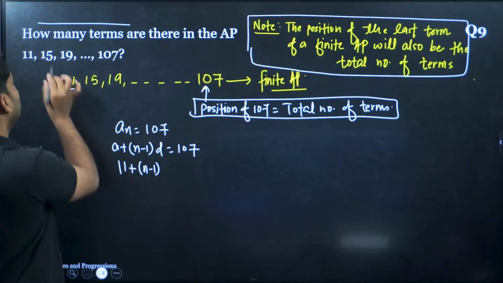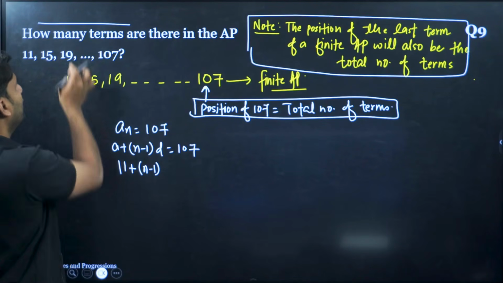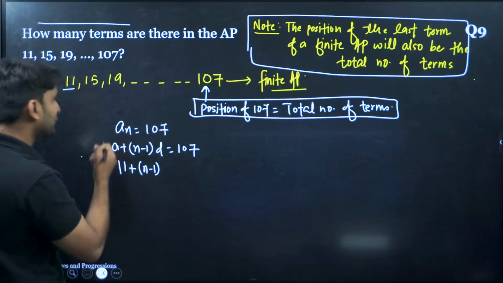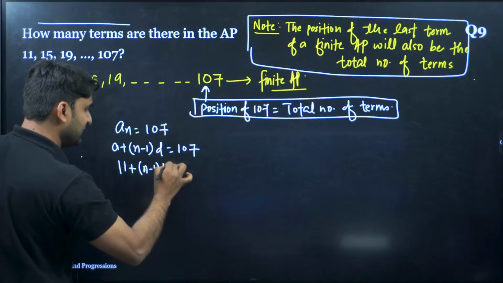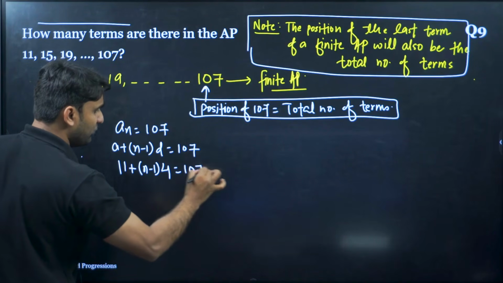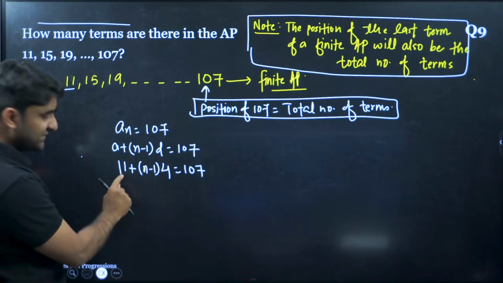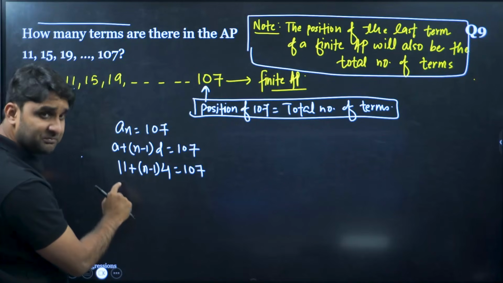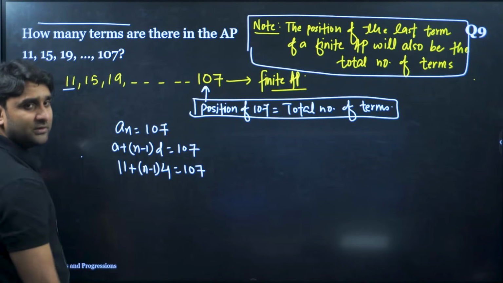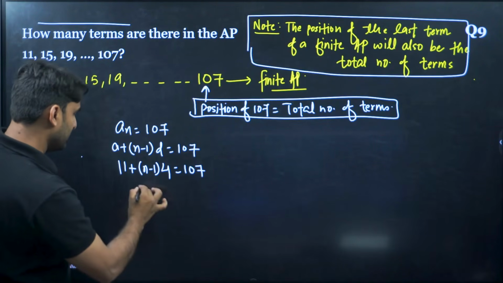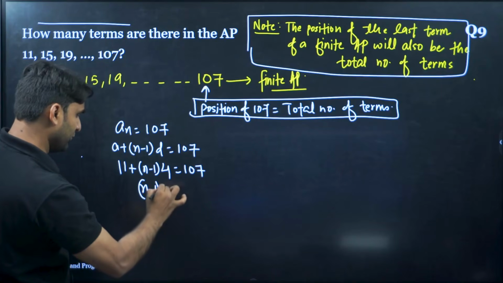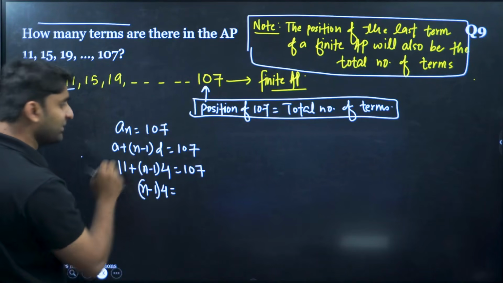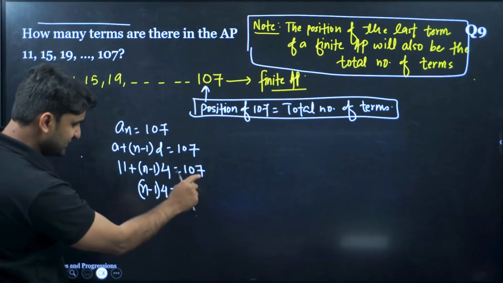What is d? d will be 15 minus 11 or 19 minus 15. So 15 minus 11 is obviously 4, is equal to 107. So this 11 will go first. 11 is in plus, so now it will go in negative form. So (n minus 1) into 4 equals 107 minus 11.